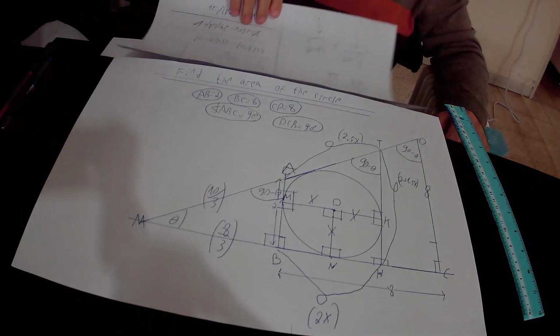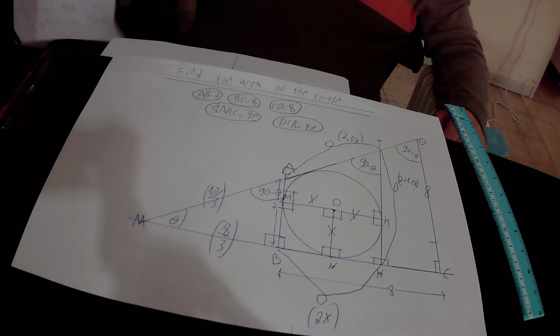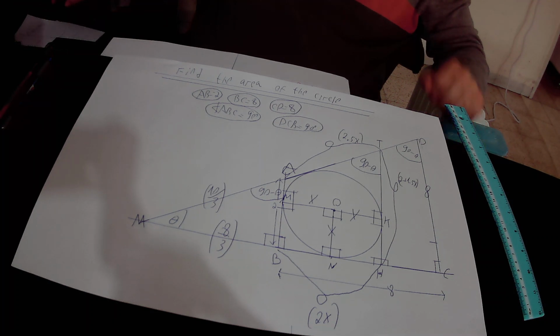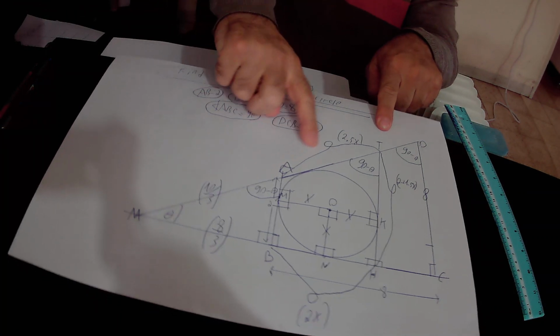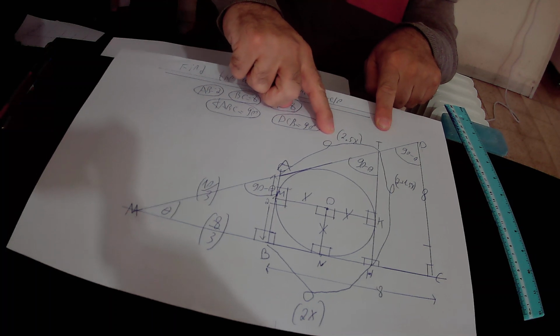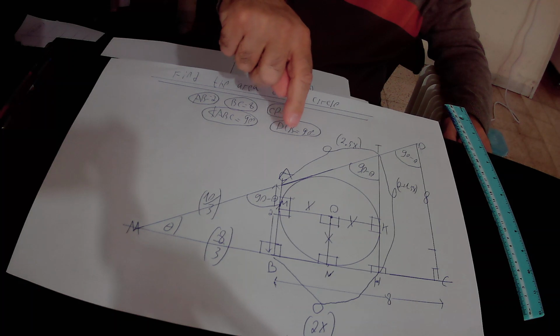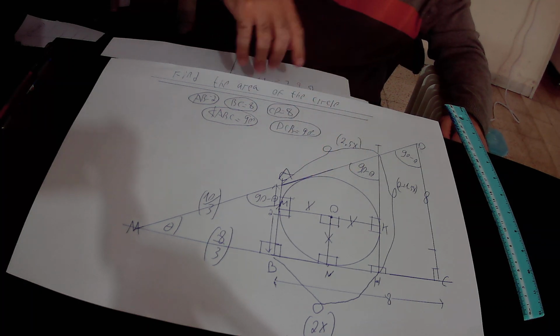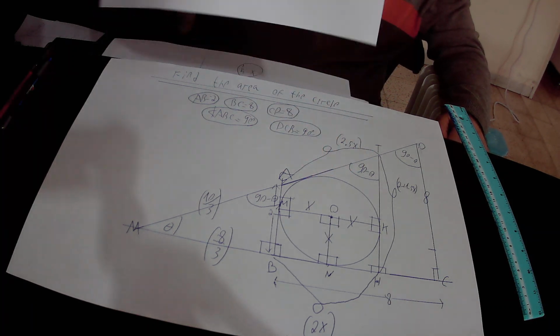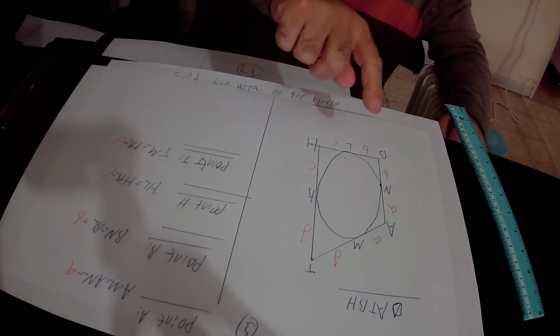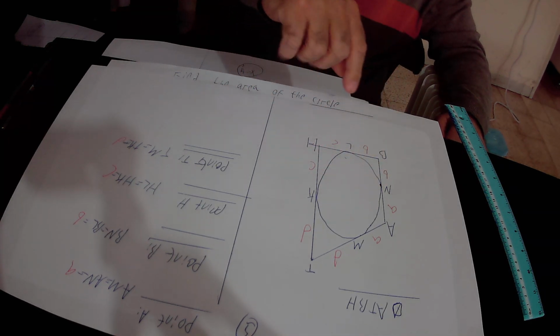So we can write here that this line segment TA equals 2.5x units. Then I copied the quadrangle ATHB here on a new page. This is the quadrangle that I copied from the original drawing.